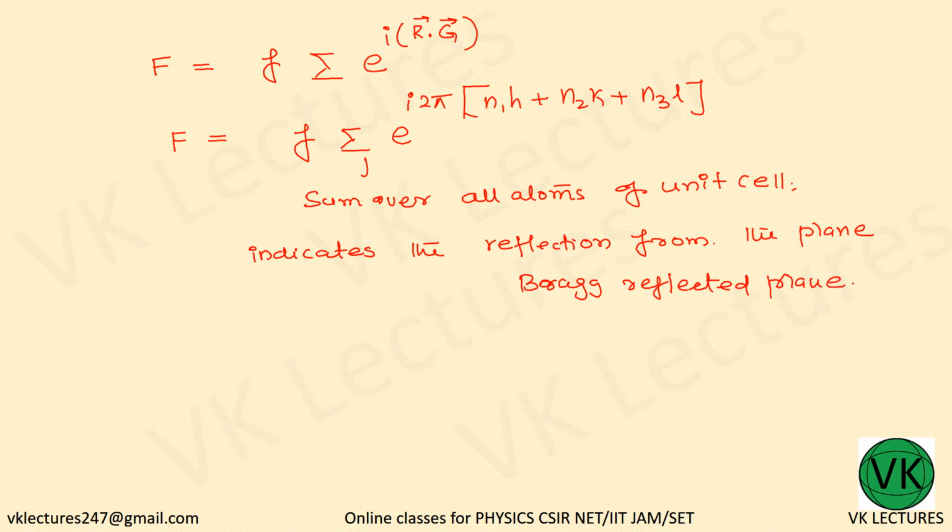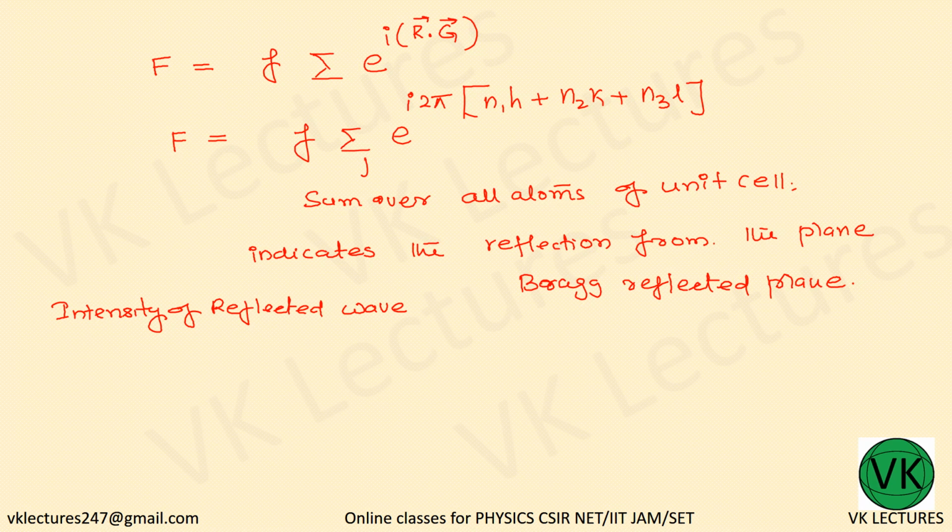Now this is how it has been done. Now the intensity is given by the intensity of a reflected wave. We want to check whether it is Bragg reflected or not. Now how will you check? By looking at the intensity of the reflected wave. If the intensity is there, it means it is Bragg reflected. If the intensity is 0, it tells you that there is no reflection, so a Bragg plane is not reflected.